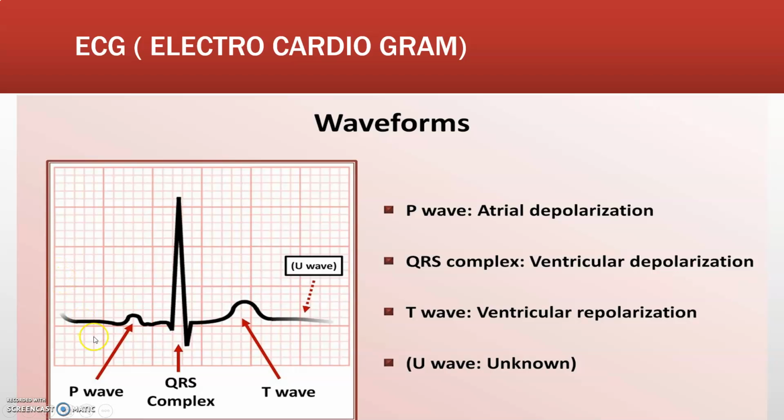So here, the P wave, as we just discussed, indicates the atrial depolarization, while the QRS complex indicates the ventricular depolarization. The T wave represents the ventricular repolarization, and the U wave is the straight line that we talk about.